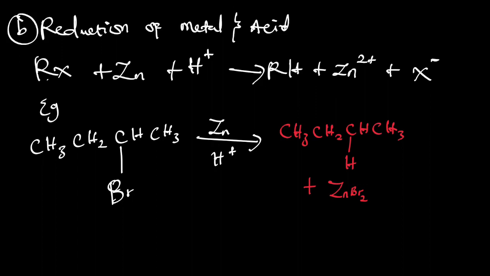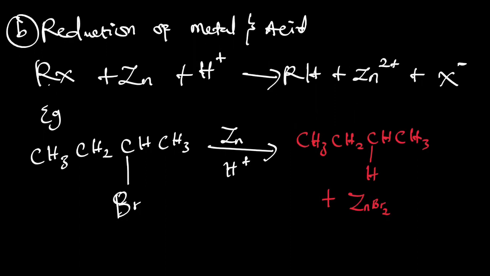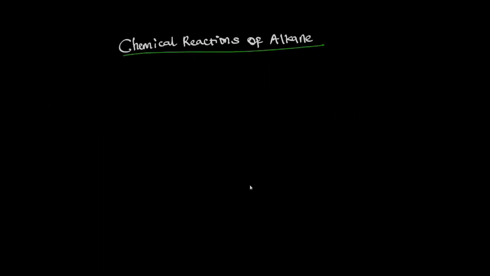So let's talk about the chemical reactions that alkane generally undergo. All right, welcome back. So let's move on to the second session, which is the chemical reactions that alkane undergo. Basically, there are several reactions that it undergoes, but some of them are not that important.